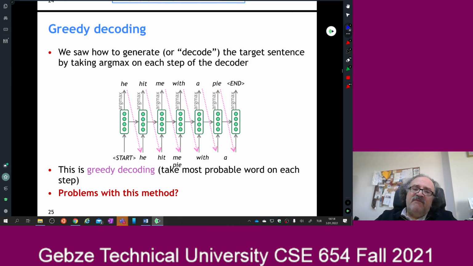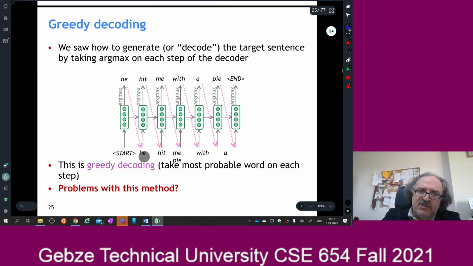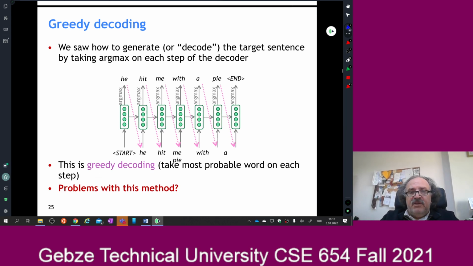When we say start, it produces a he. I give he here, and it produces a hit. I give hit here, it produces a me, and so on. This is called greedy decoding, and we don't like greedy decoding much.